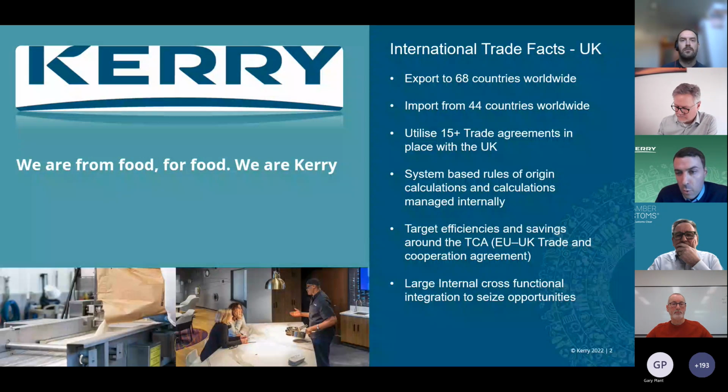As Liam said, our focus over the last 12 months has been really to try and target efficiencies and savings around the TCA following the implementation. And to allow us to get to that, because we're such a large global company, it required a large internal cross-functional integration piece of work with other work streams in our business and partners to try and seize those opportunities.